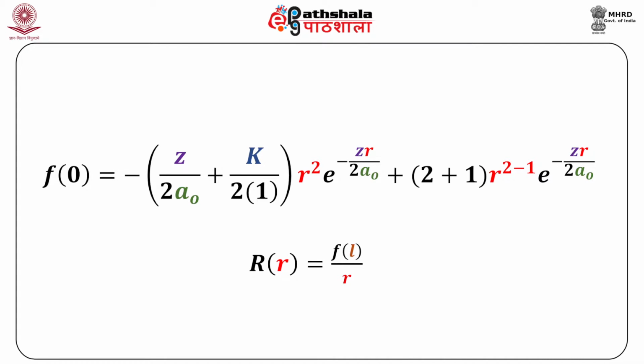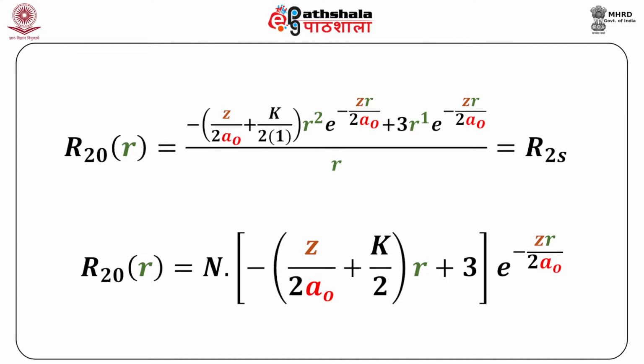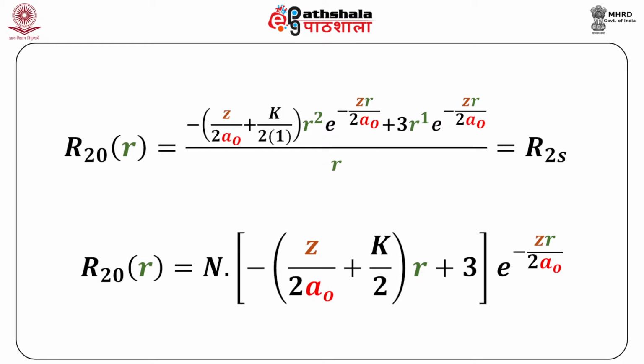On further simplification, this gives us R20(r). This is the radial function for 2s atomic orbital. This has been obtained from the radial function for 2p orbital by operating on it with the annihilation operator.